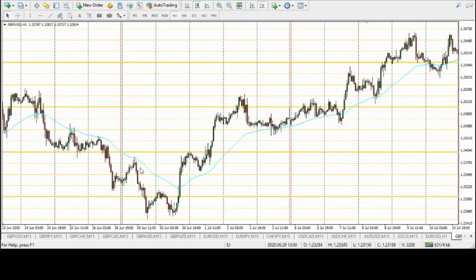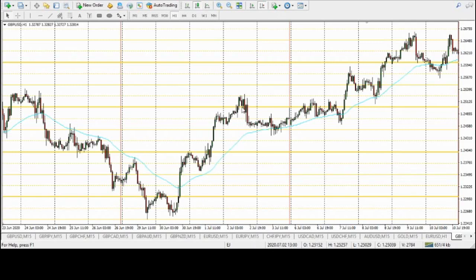As you can see, guys, the 50 EMA will help us know the trend. If the price is under the 50 EMA, then we are in a downtrend, and if the price is above the 50 EMA, then we are in an uptrend. Starting from here, price went above the 50 EMA.